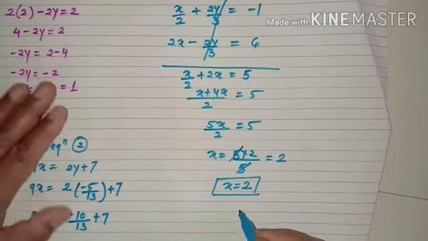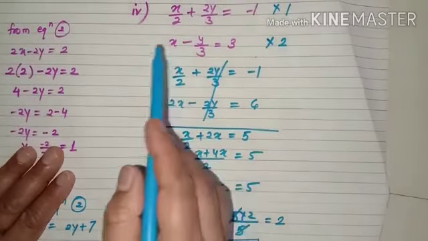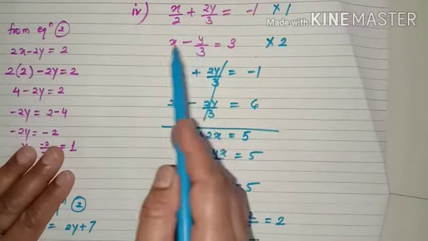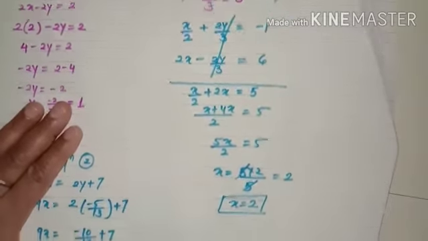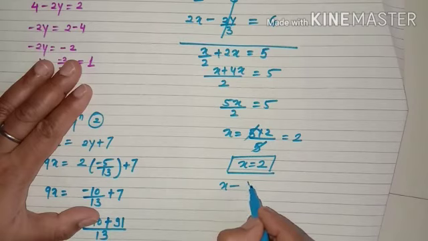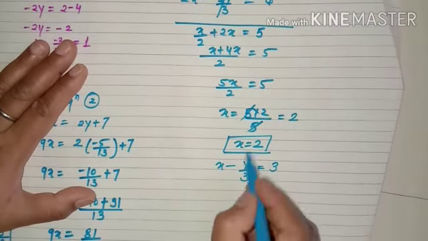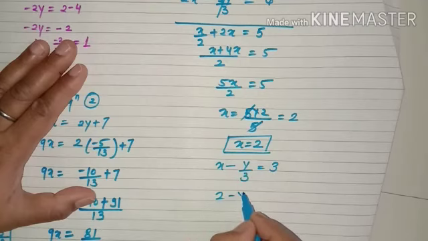Now we have to find the value of y. So we will substitute the value of x in any of the equations. We are substituting here in equation number 2. x minus y by 3 equal 3. Substitute value x equal 2, 2 minus y by 3 equal 3.